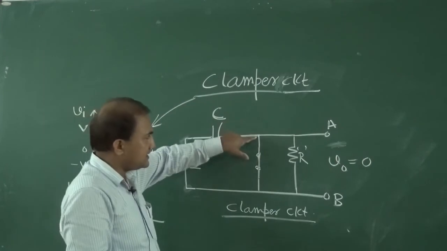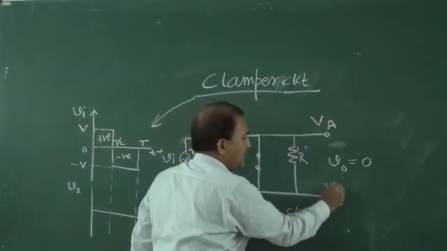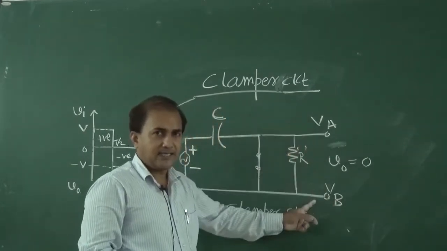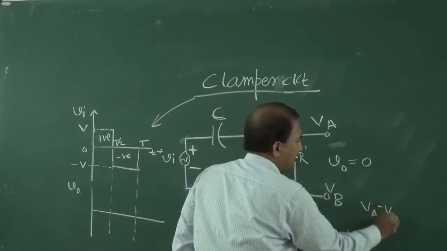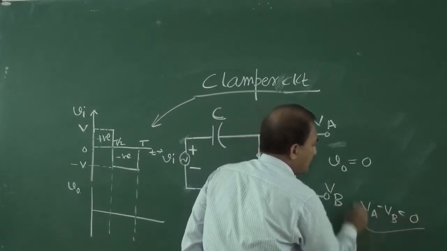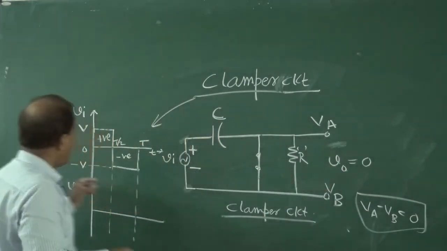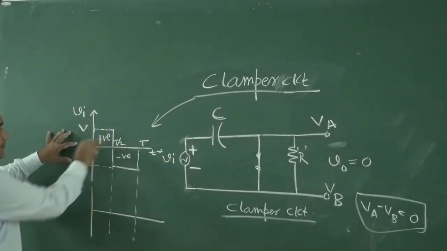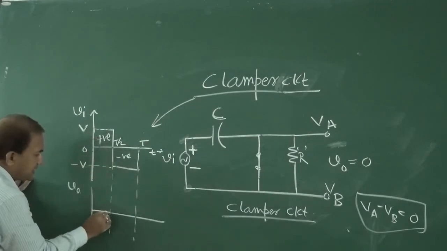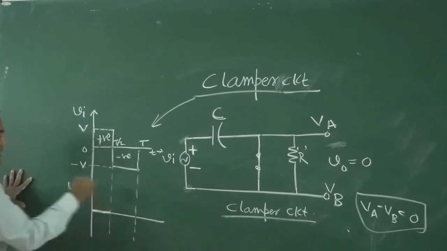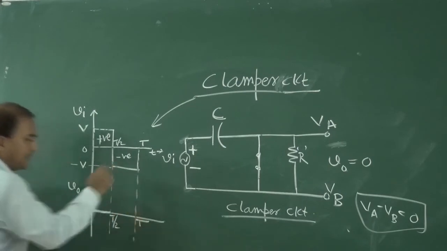Because this is short, so VA and VB are at the same potential. VA minus VB is equal to 0, so V output is equal to 0. This is for the positive half cycle. From 0 to T by 2, V output is equal to 0, and this is the time period T.